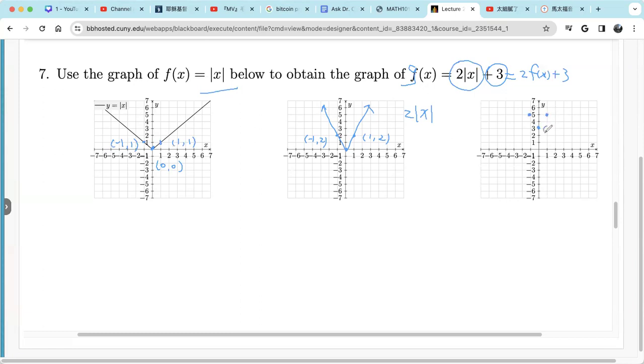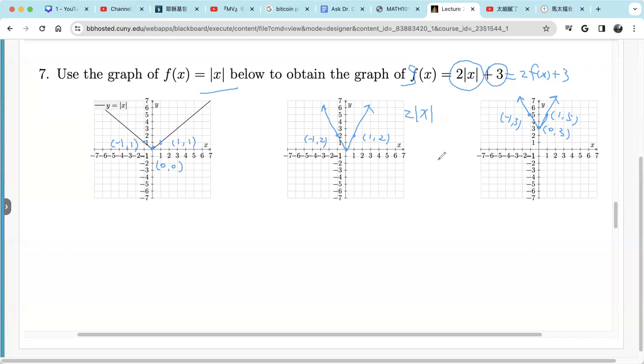So I have these 3 points: 0, 3, 1, 5, negative 1, 5. Draw straight lines. So this is the graph of 2 absolute value of x plus 3.